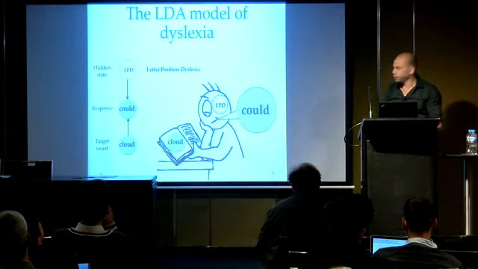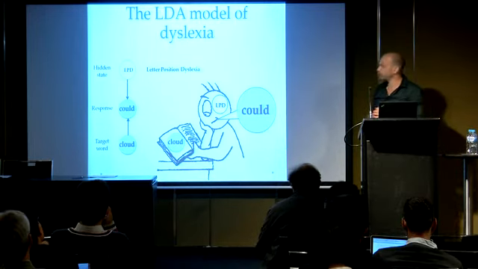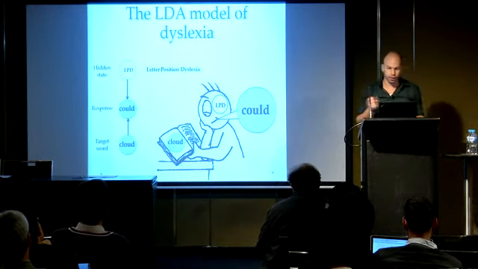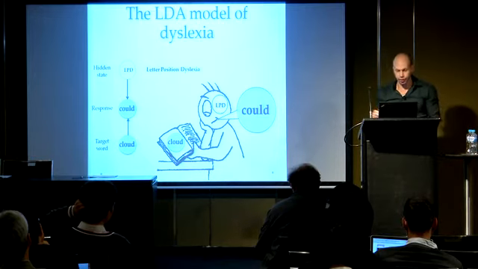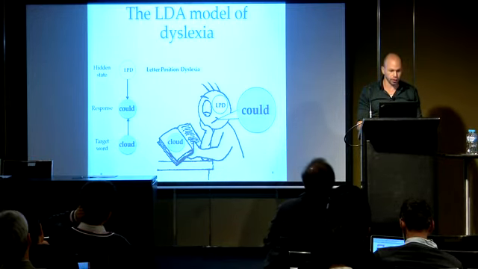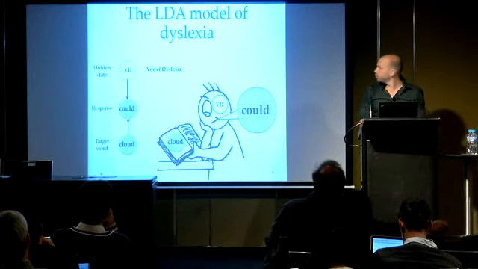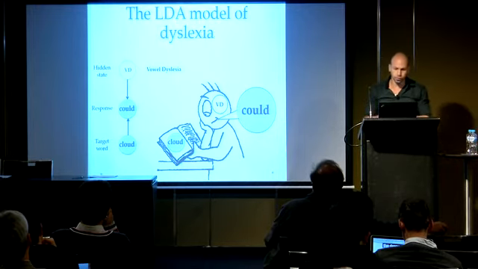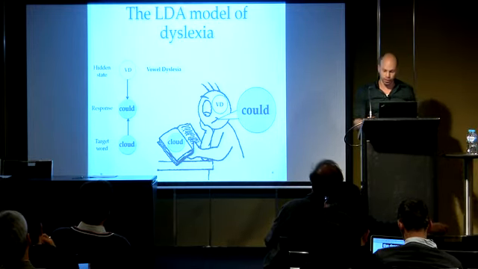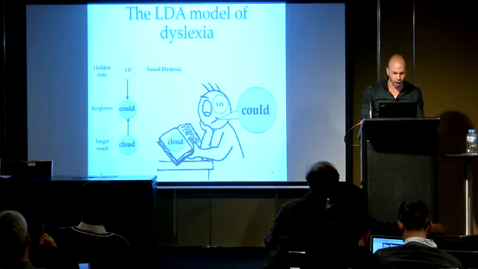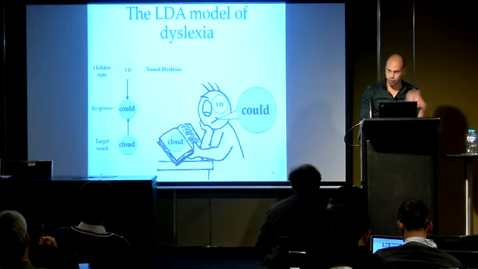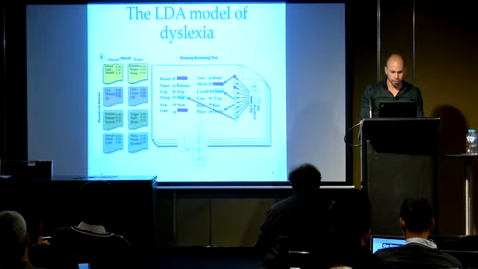It could be, for example, letter position dyslexia, where the L has migrated inside the word, but it could also be vowel dyslexia, if the subject has a specific deficit in processing vowels. So remember the bank example. This is a similar case.